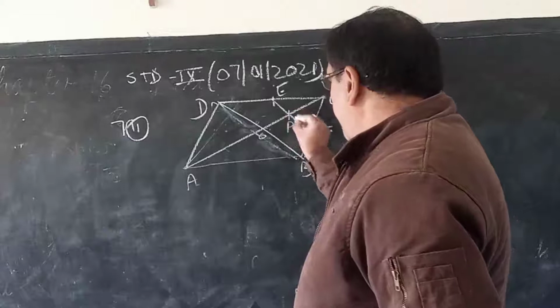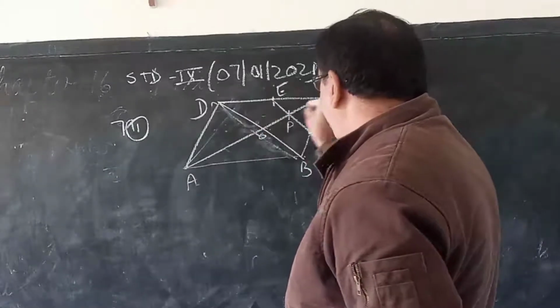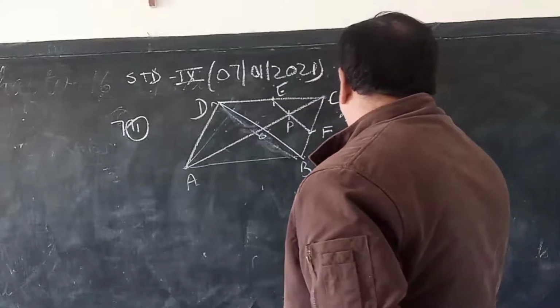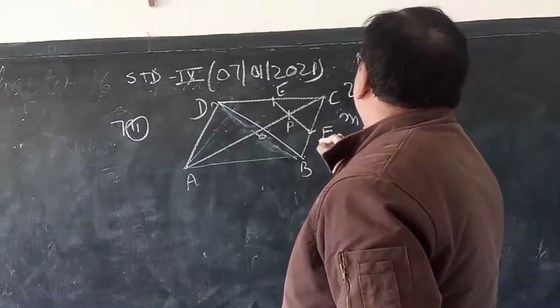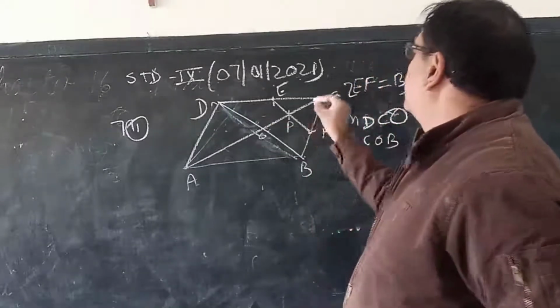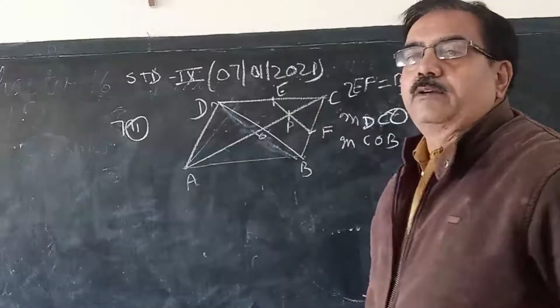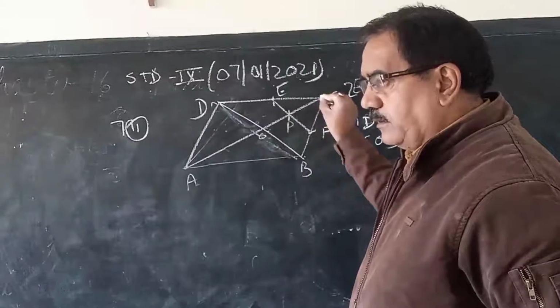Now, come to this triangle, in which triangle? DCO. Now, in triangle COB, by the converse of the midpoint theorem, we have already proved P is the midpoint of OC.